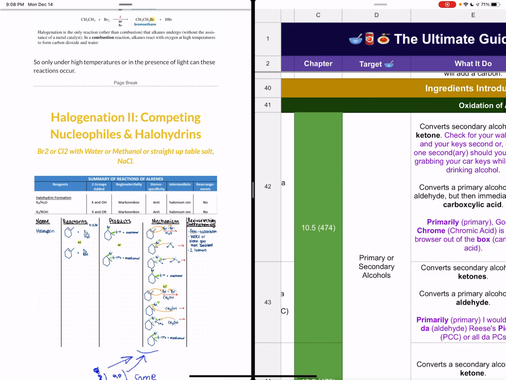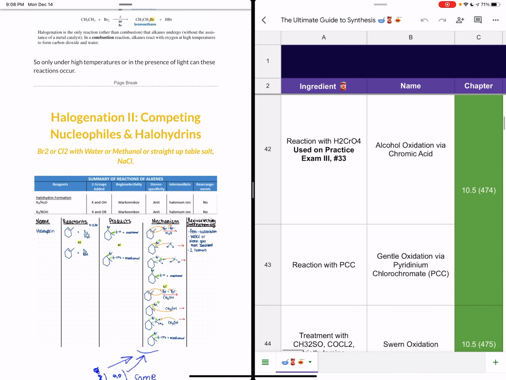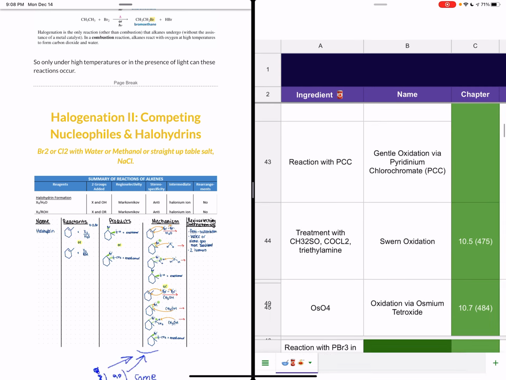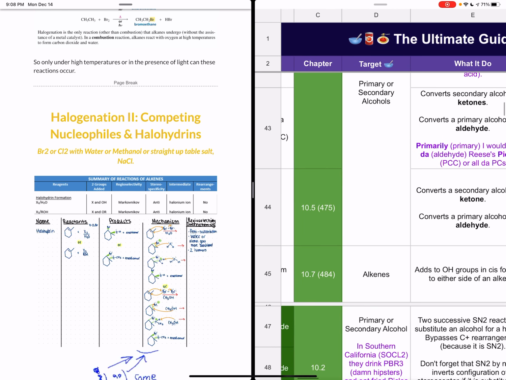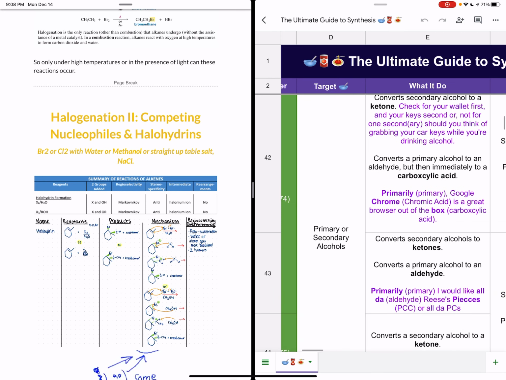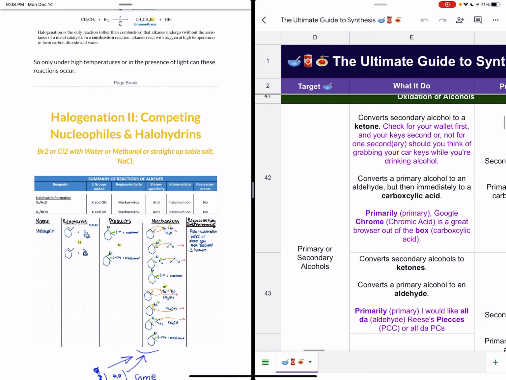The oxidations that you need to remember are chromic acid, PCC, and a Swern oxidation. The good thing to know about all of these is that they work on primary and secondary alcohols. If you add any of them to a secondary alcohol, it's going to make a ketone.